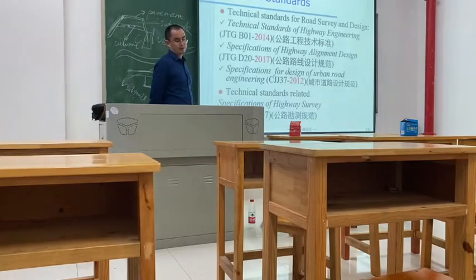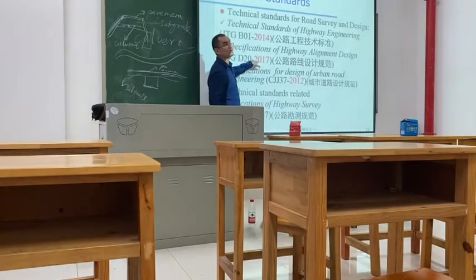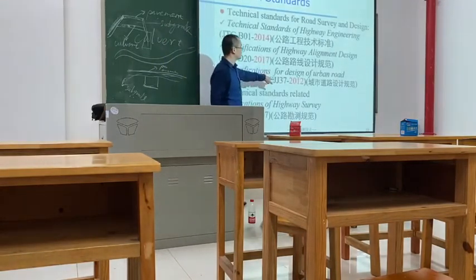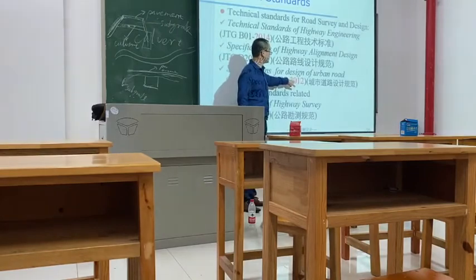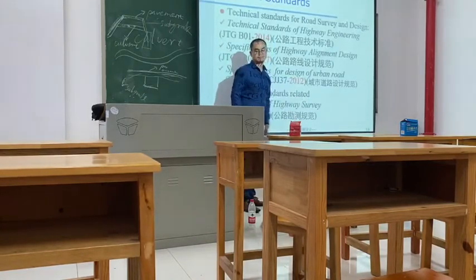For urban road, specification for design of the urban road and engineering is called CJJ 37-2012.